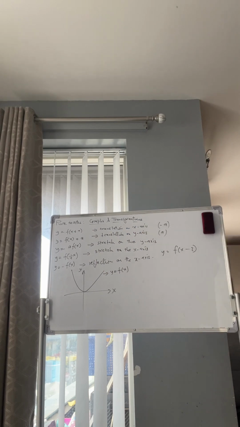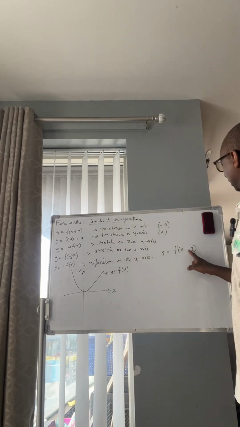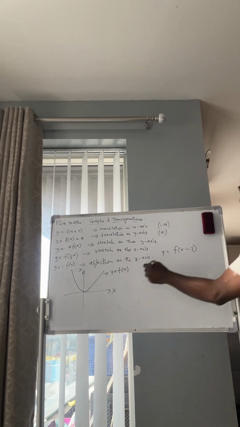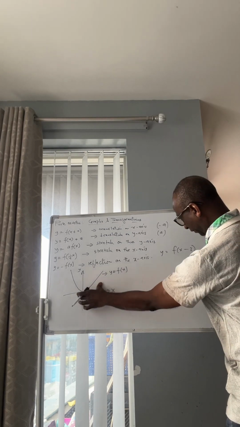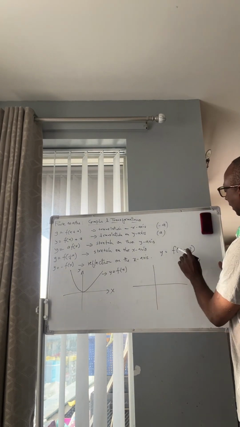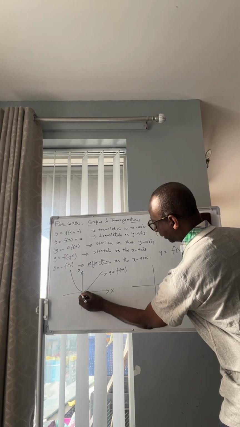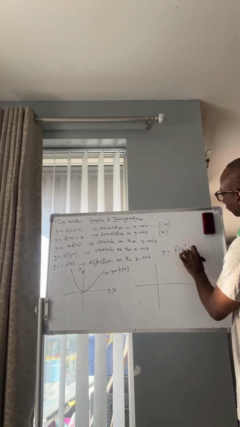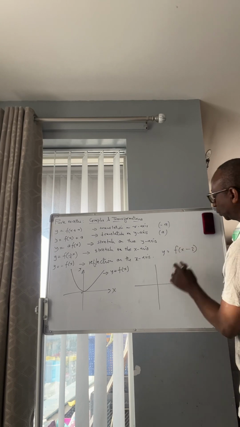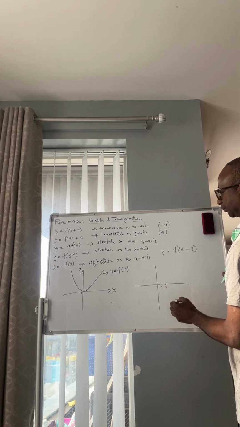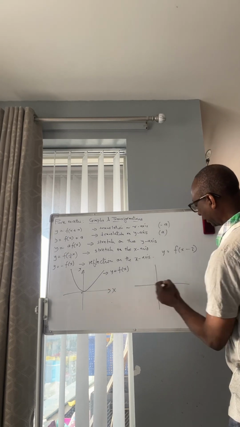Translation on the x-axis. Because it's negative inside, it is positive outside. So to sketch this graph with reference to this one, it was 0 here. Now it's moving in the positive x direction by 2 units. So 1, 2. This 0 is now here.